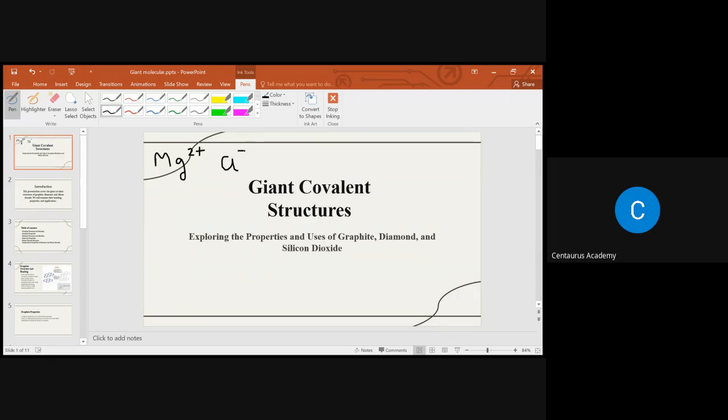Negative 1 is the valency. We're going to swap their valencies and then drag them down as subscripts. 1 is usually not written, so we don't write 1 as a subscript with Mg, and with Cl you write 2 as a subscript. So MgCl2 will be the formula for this simple ionic compound, magnesium chloride.